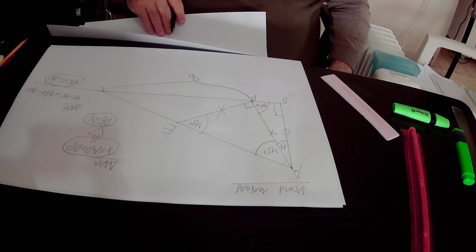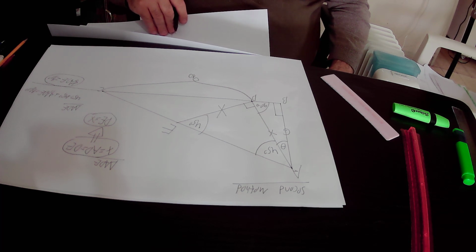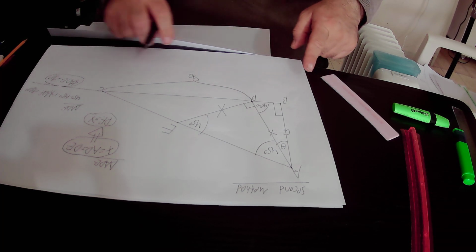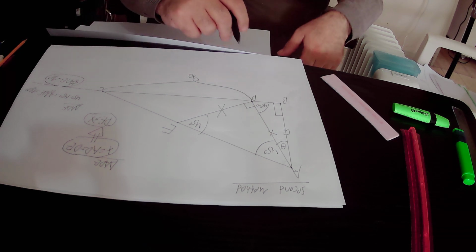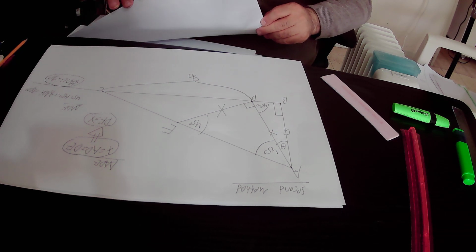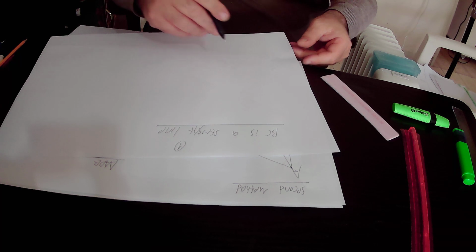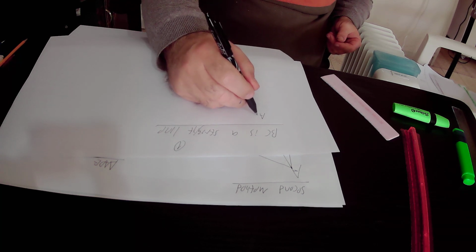And we have the rule that says that the sum of the angles on one side of a straight line is equal to 180 degrees. So if we focus on the upper side of the straight line BC at point D, then the sum of the angles must be equal to 180 degrees.